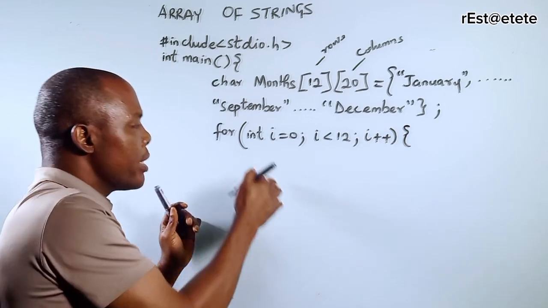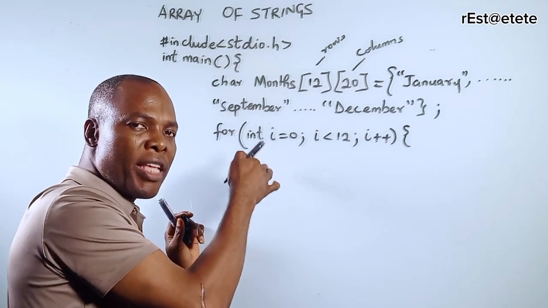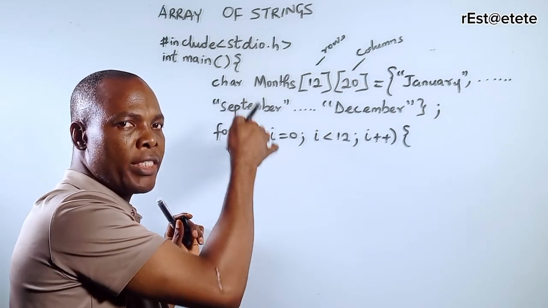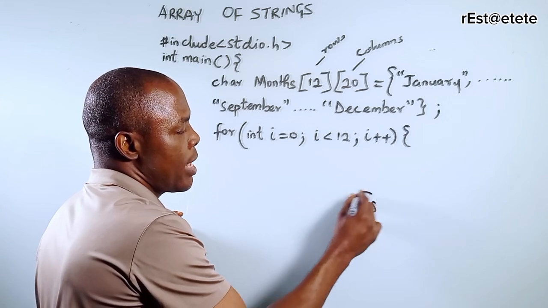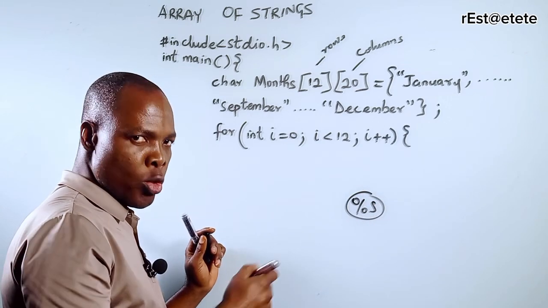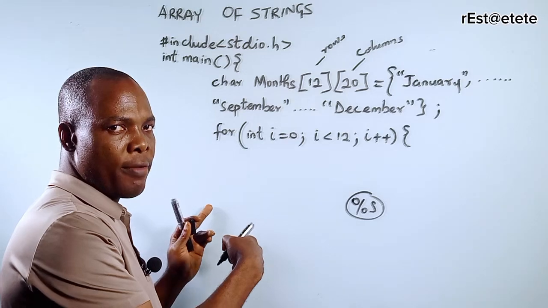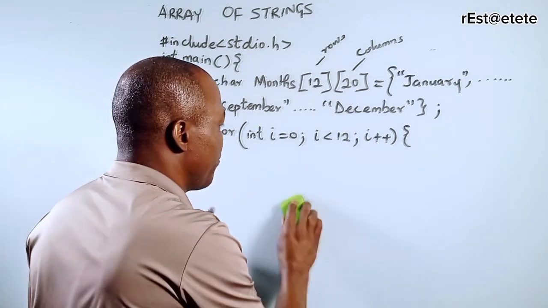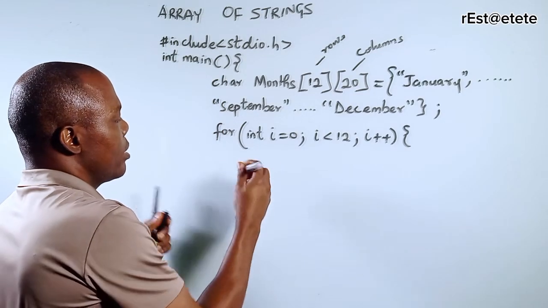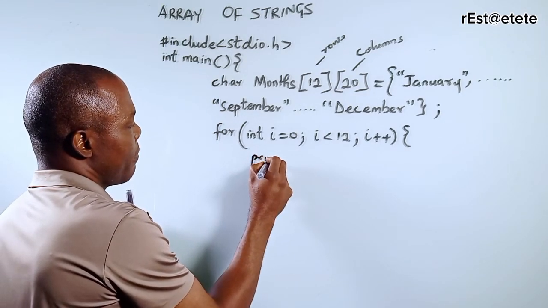So I'm going in. The next one should be what? My second for loop, because it's a nested for loop. But because percentage %s acts as a loop for the printf, I'm just going to write the printf directly inside this place.